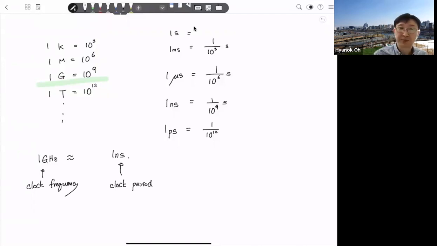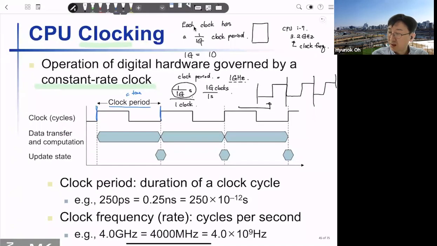You should know that 250 picoseconds means 0.25 nanosecond, right? Picosecond is 10 to the minus 12. And a 4 gigahertz machine means 4 times 10 to the 9 hertz.